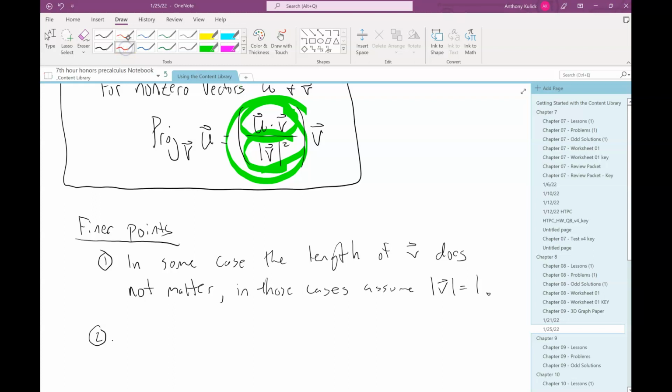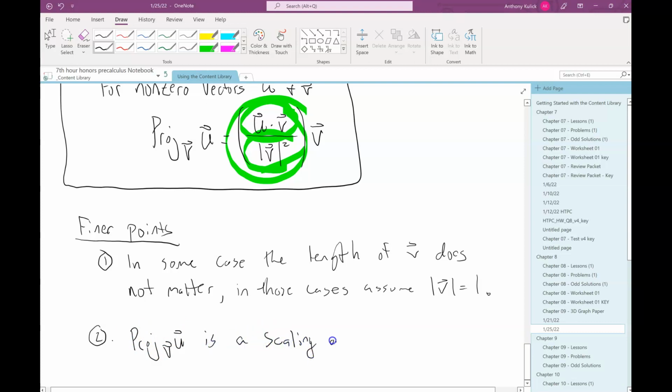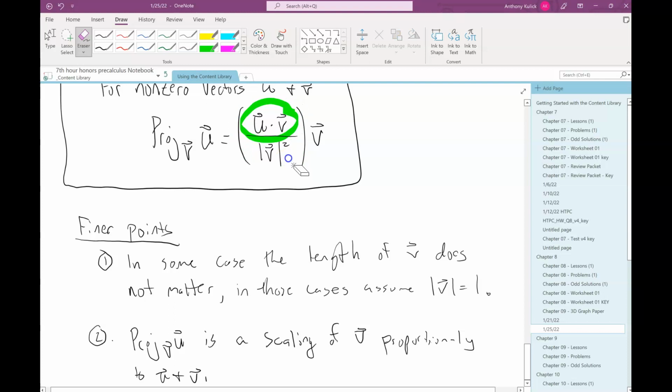That this projection is just a scaling of v. And the scale is proportional to u and v.